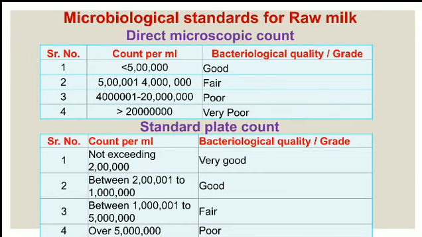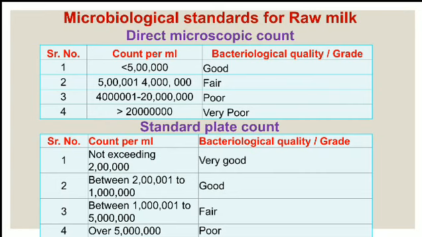Then second, the count per ml is 5 lakhs to 40 lakh, that milk grade is fair. Then third, the count per ml is 40 lakh to 200 lakh, that milk grade is poor. And then next is the fourth, that milk grade is very poor.